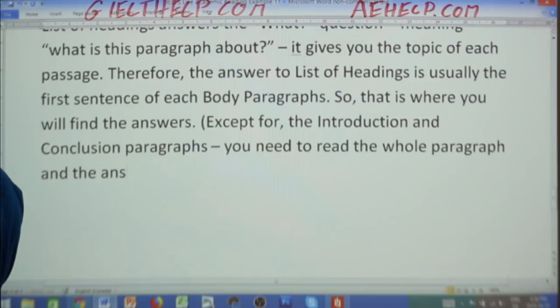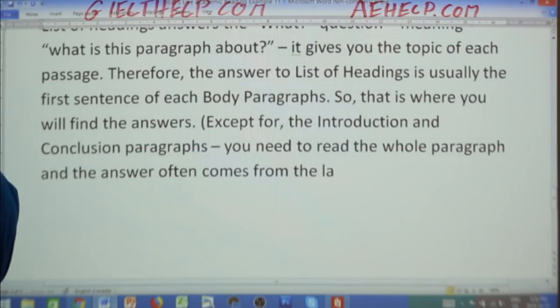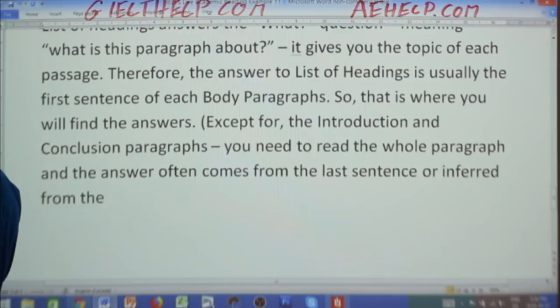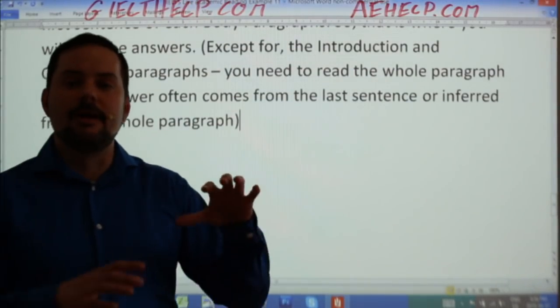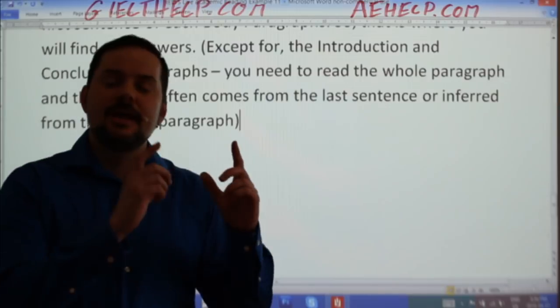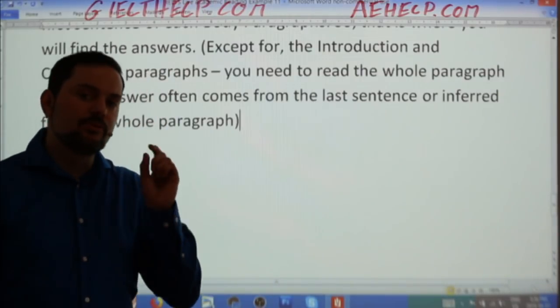And the answer often comes from the last sentence or inferred from the whole paragraph. Inferred from the whole paragraph means that you can logically figure it out by understanding the whole introduction and the conclusion.